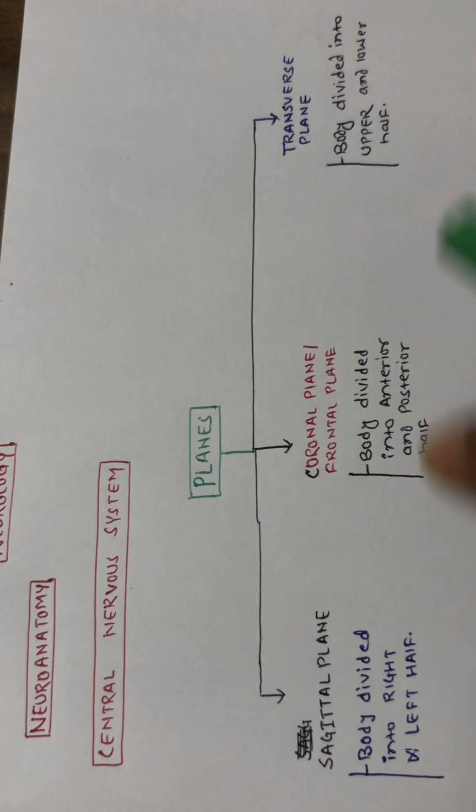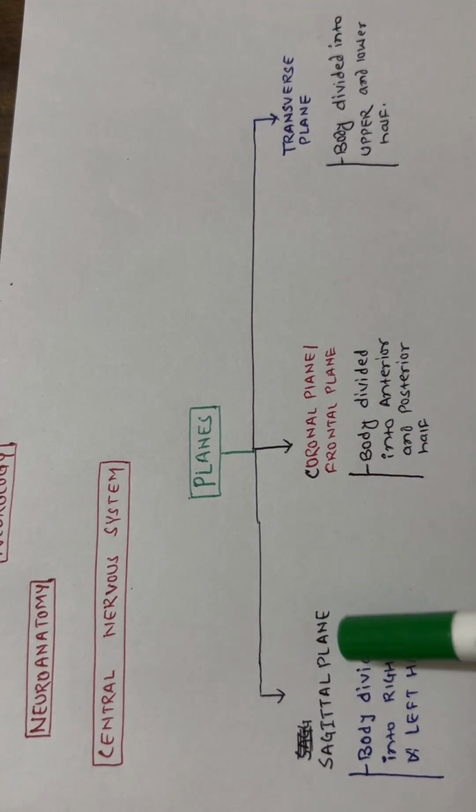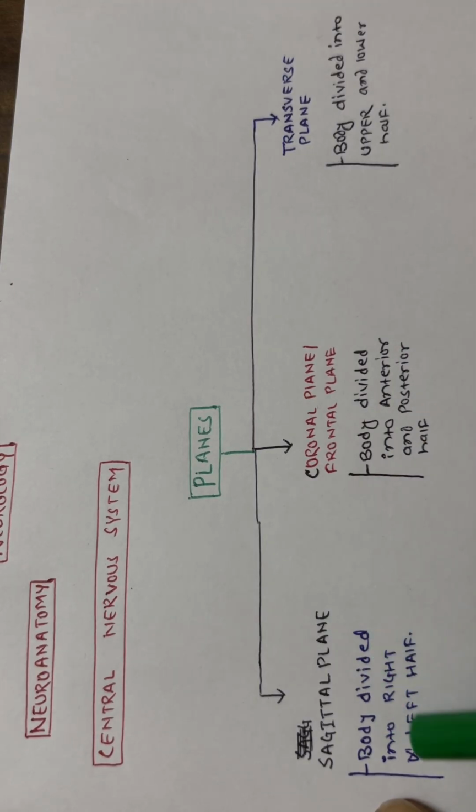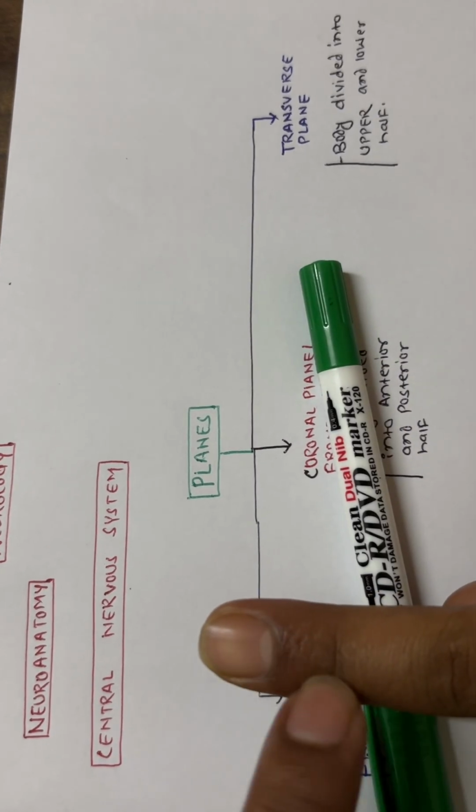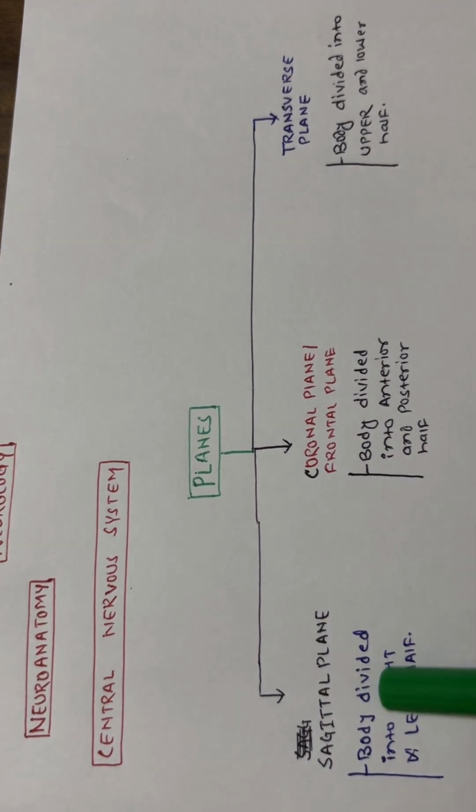So let's first understand these planes. The sagittal plane means you divide the body into right and left. Suppose this is a body, and if you divide it into right and left, that is a sagittal plane.